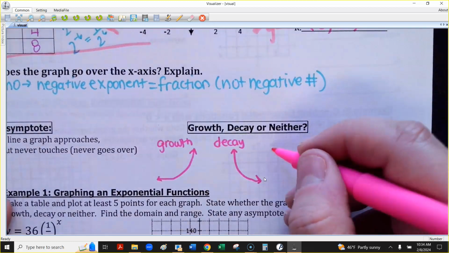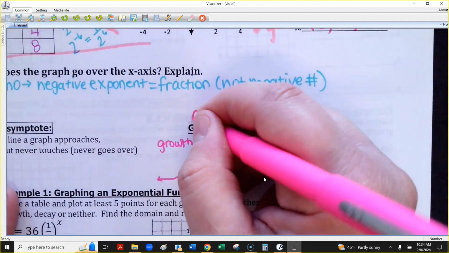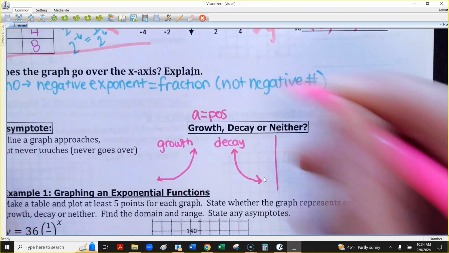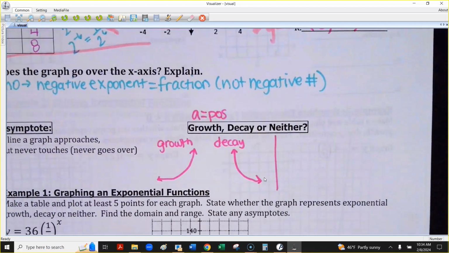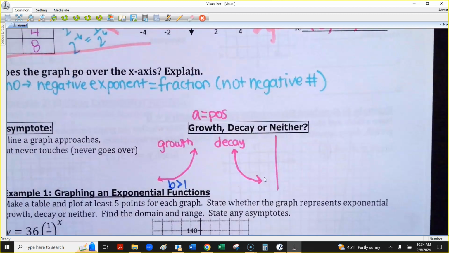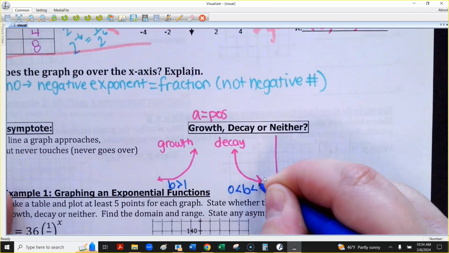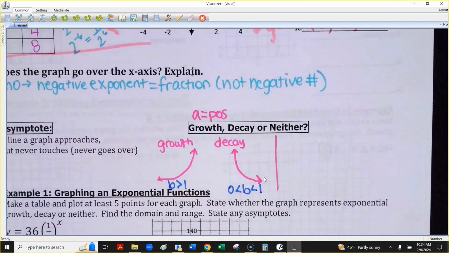In both of those situations, growth or decay, the A value is positive. If you have exponential growth, your A value is positive and your B value is greater than 1. If you have exponential decay, your A value is positive, but the B value is between 0 and 1. So like a half or something like that, that's going to cause you to have decay.